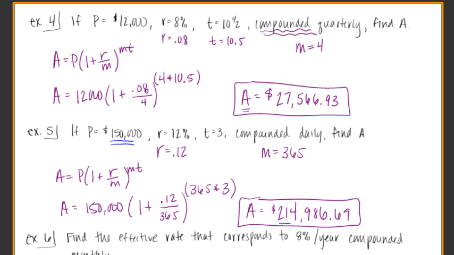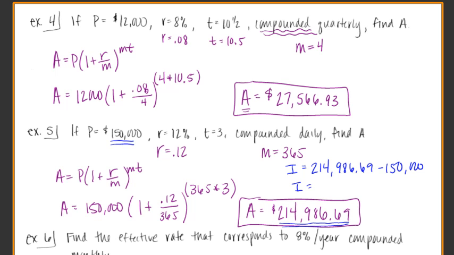What came out after 3 years was $214,986.69. So if I want to find the interest, all it is is the difference of the two numbers, because this is the money that you gain by just letting the bank borrow your money. Simple as that. Now, how many of us have $150,000 that we can just let the bank borrow? Not too many, especially not in college.